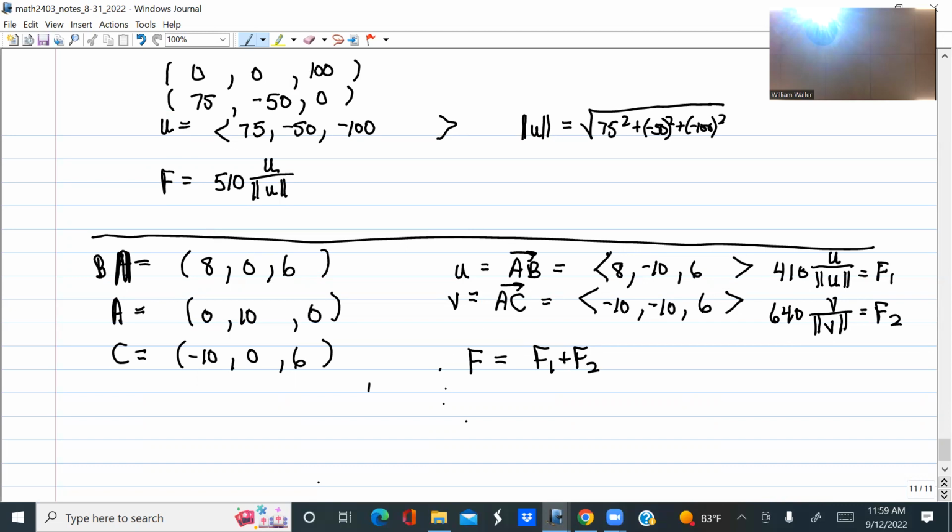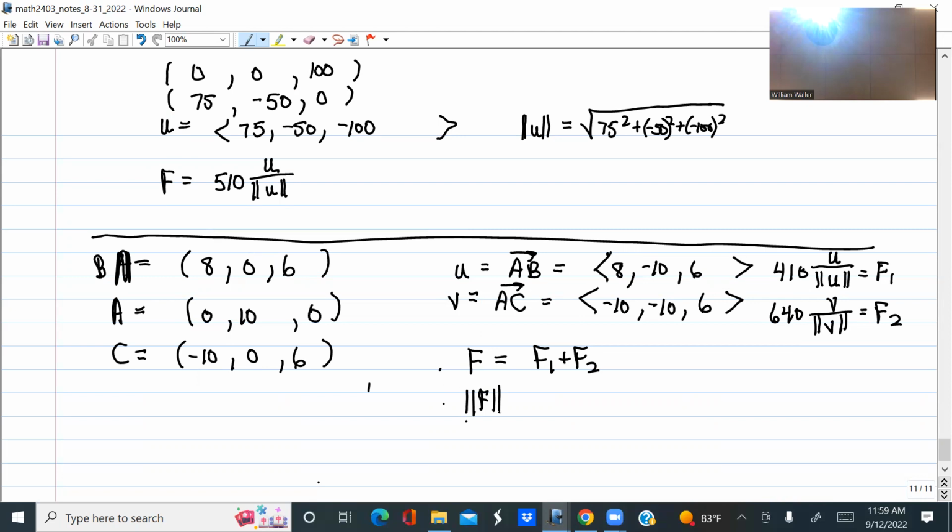That will tell you the force on that stake. So once you've calculated that vector, then compute its magnitude, and the magnitude is the force being applied to that stake.